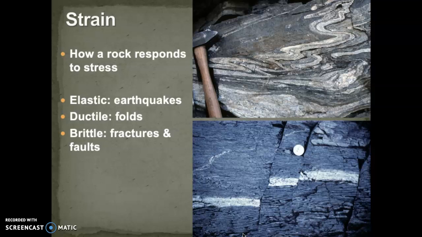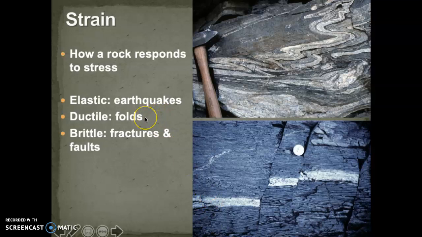So there's really no visible record of elastic strain. However, we can feel what happens when the rock returns to its original shape. Think of an elastic band that kind of snaps back to its original shape when you stop pulling on it or when you let go. And that's an elastic response. When the rocks do this, we feel an earthquake.